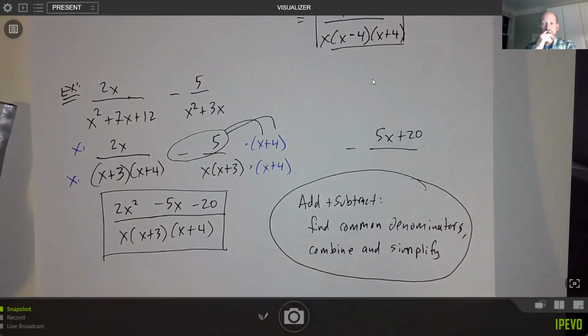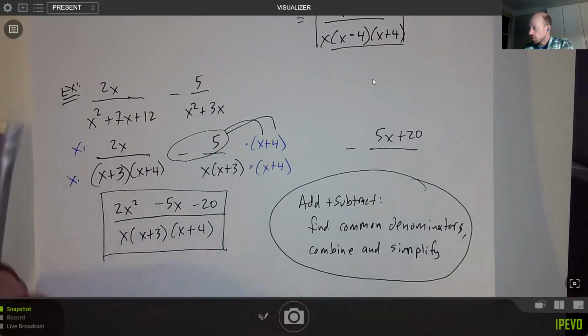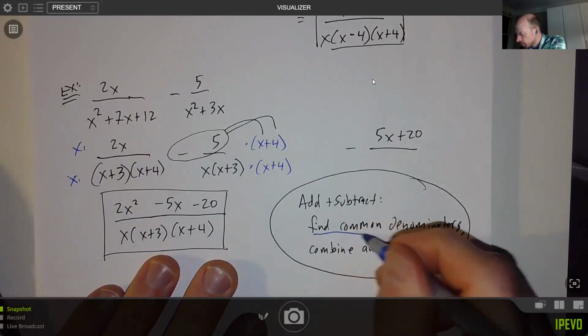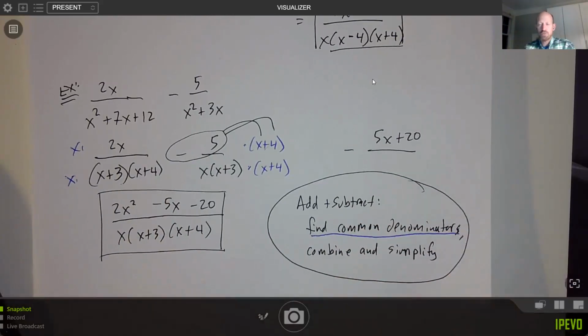All right, so sort of finishing out our rules or strategies: when you see add and subtract, we're going to find the common denominators, then we're going to combine and simplify. I'm putting a little blue emphasis there because that's a unique thing to adding and subtracting. You do not want to get involved with common denominators if you're multiplying or dividing.